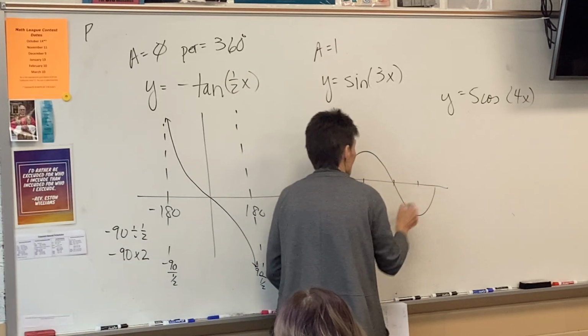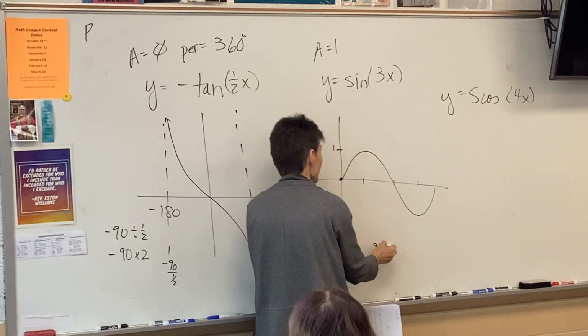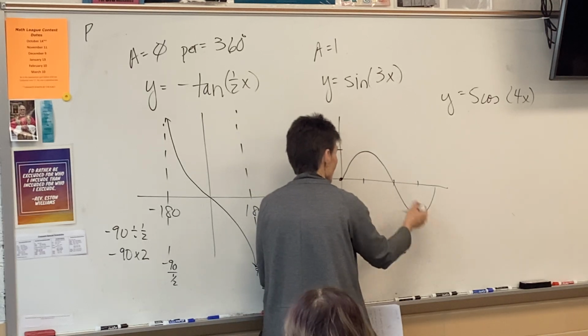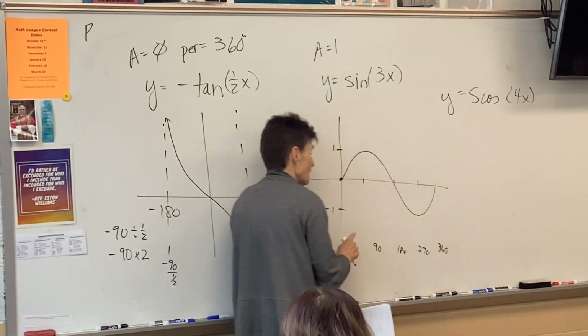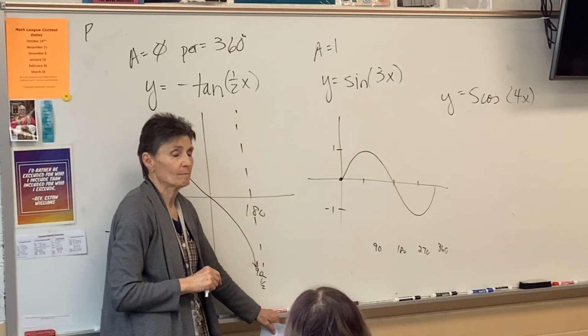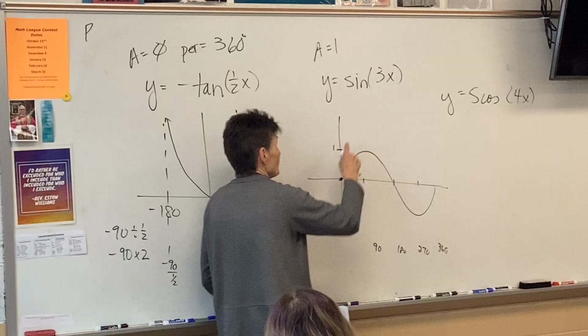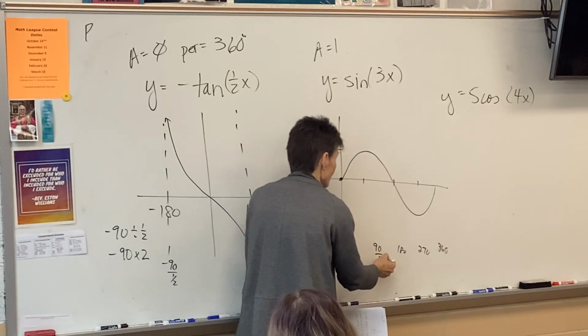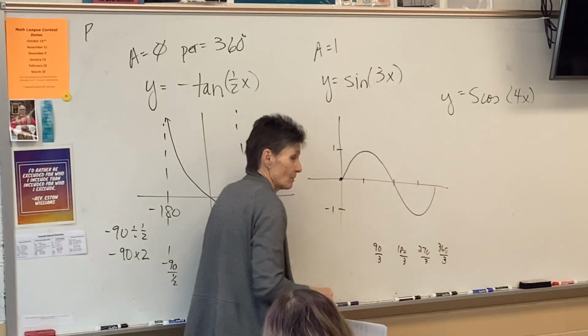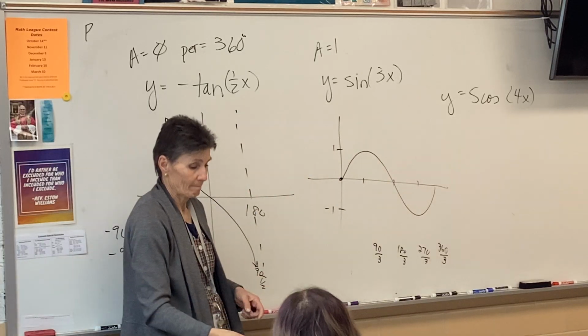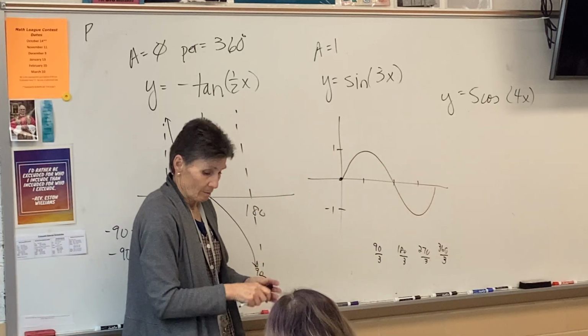Normally, the labels for the top of the hill, where we cross, the bottom of the valley, and where we end, are 90, 180, 270, 360. But those numbers have all been divided by 3. This number is a divider. Right?